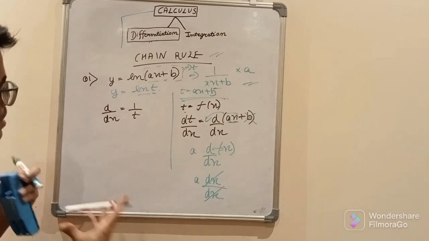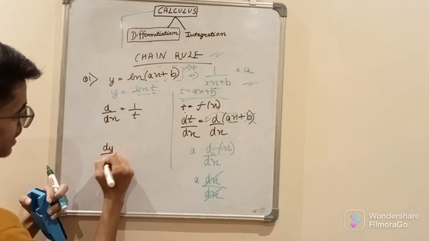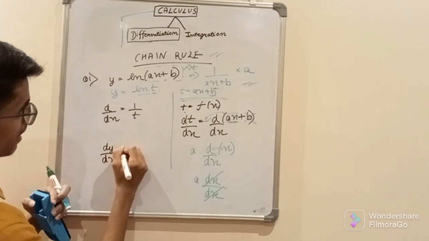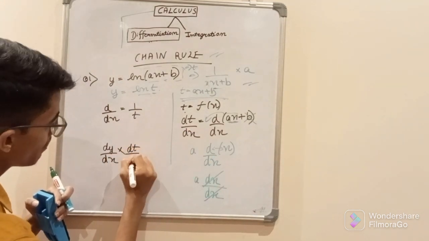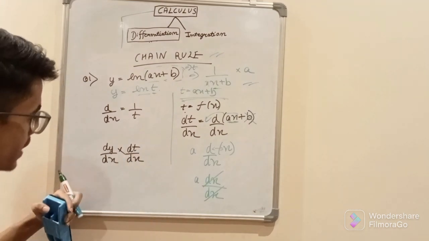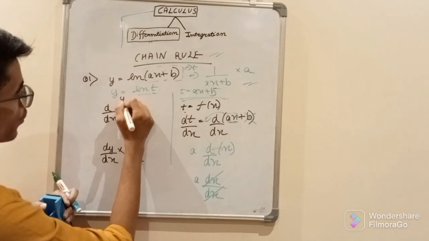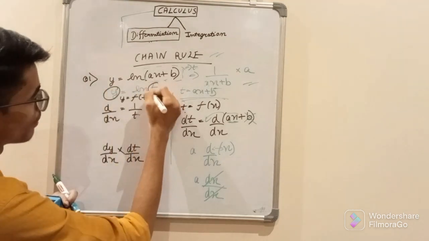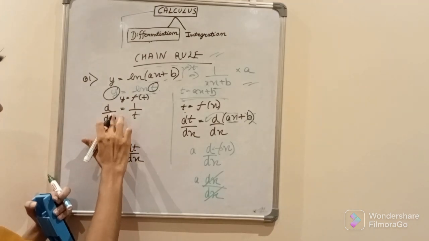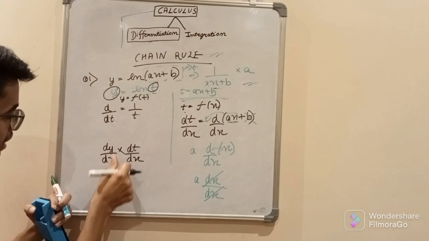So in the final equation, can we write dy upon dx multiplied by dt upon dx, I'm sorry, this is y as a function of t, you can see y is a function of t, so this will also be differentiated in the form of d upon dt.